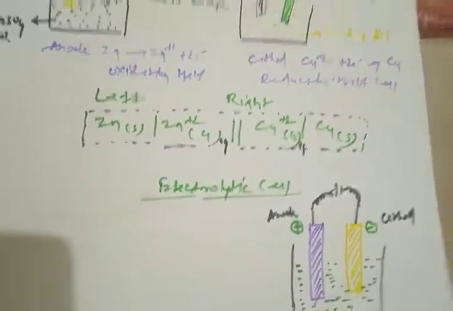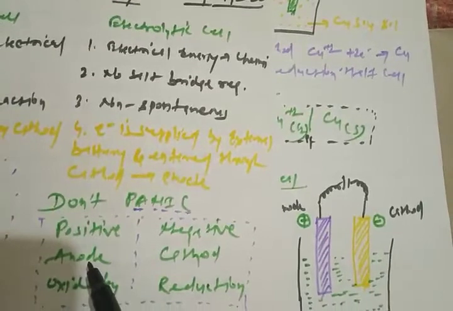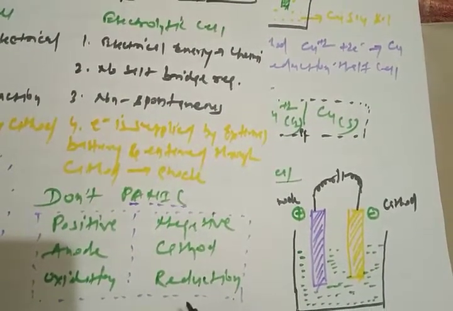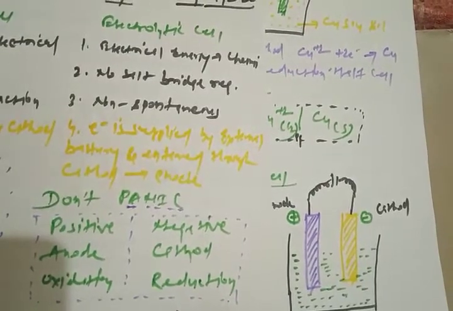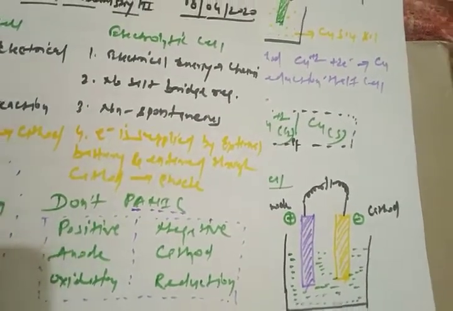As it is written here, you can see that negative is cathode and positive is anode. So at anode oxidation occurs, and at cathode reduction occurs. Got it? And these are the two electrodes.